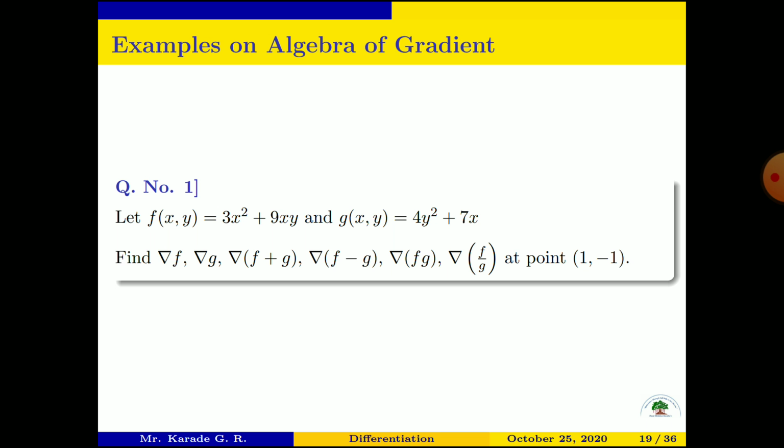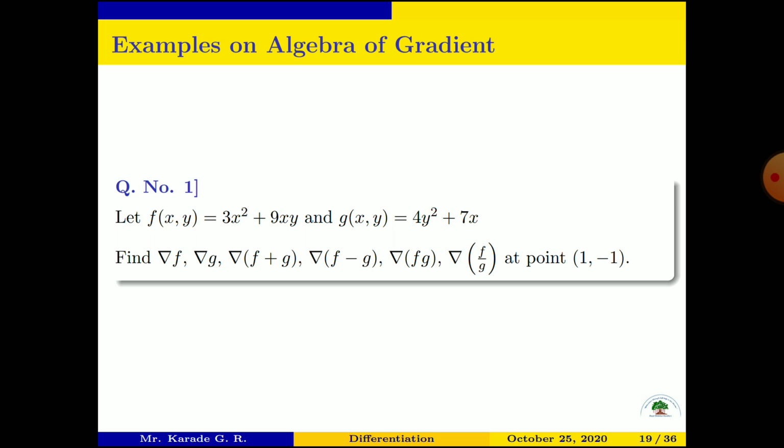Let f of x comma y is equal to 3x square plus 9x into y and g of x comma y is equal to 4y square plus 7x.